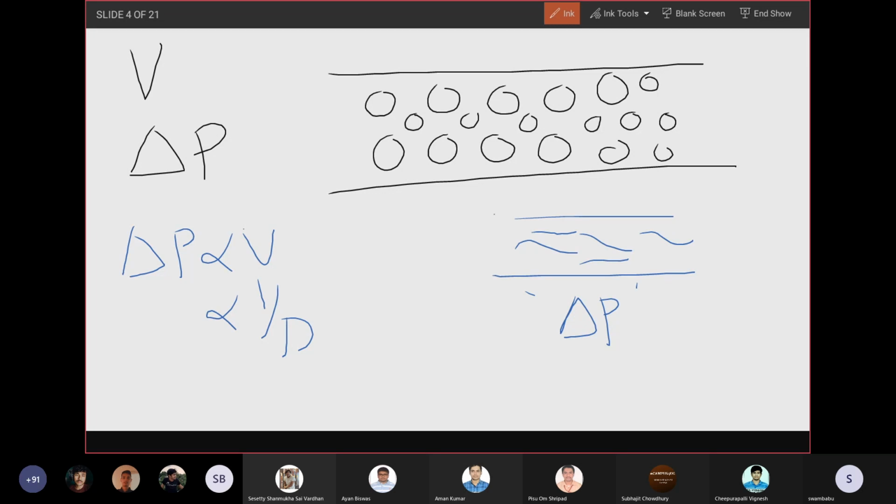Another way: the fluid flows from high pressure to low pressure. Unless there is some pressure drop, the fluid will not flow. That's what we learn in fluid mechanics. Why do these pressure losses take place when the fluid flows?